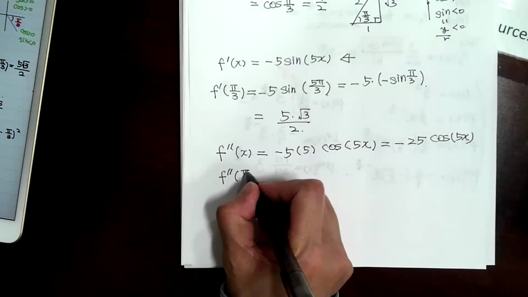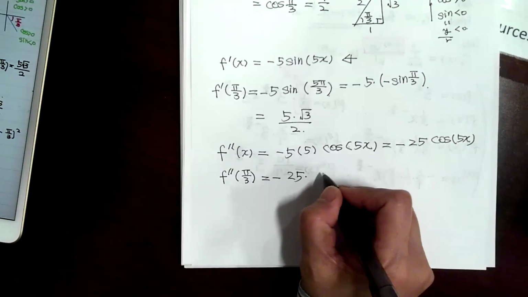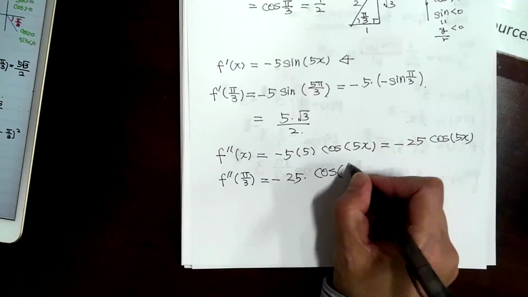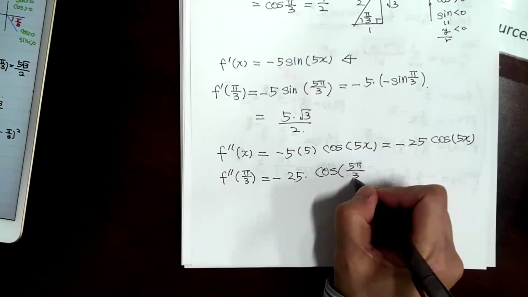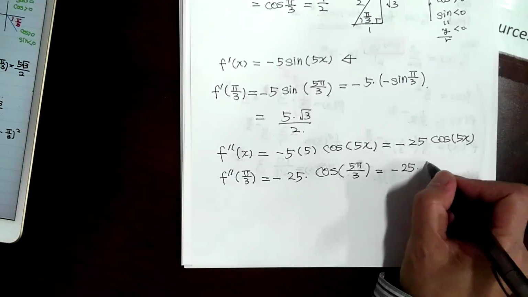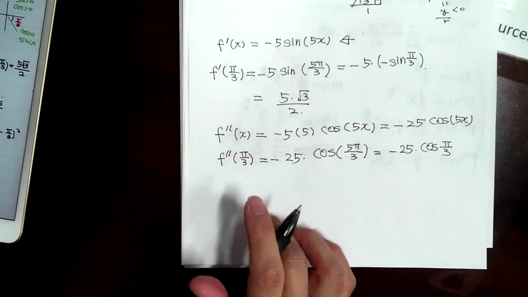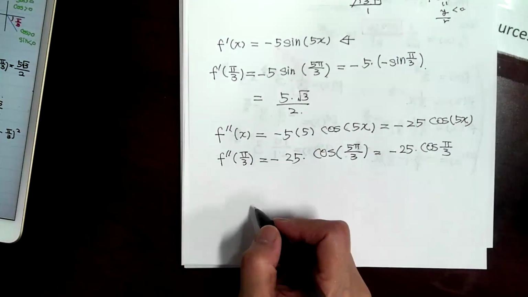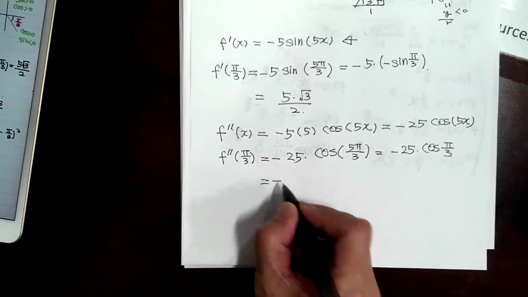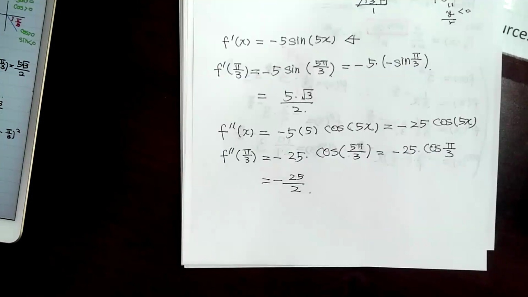The second derivative at pi over 3 is minus 25 times cosine of pi over 3. We already know why that becomes like that. That's minus 25 times 1 over 2, so minus 25 over 2.